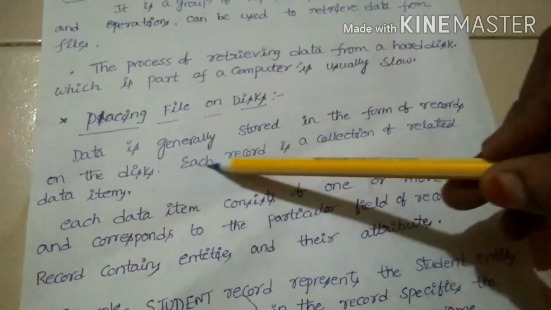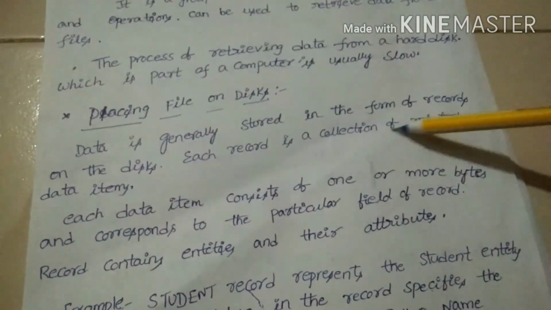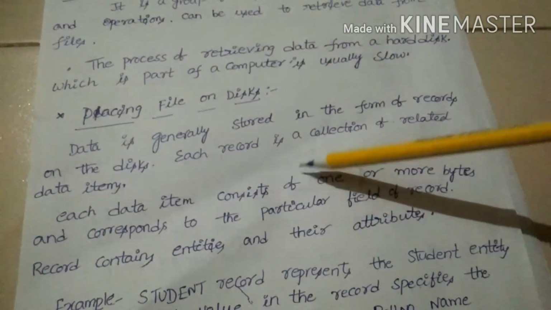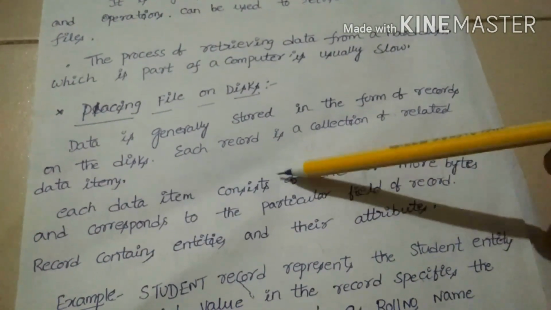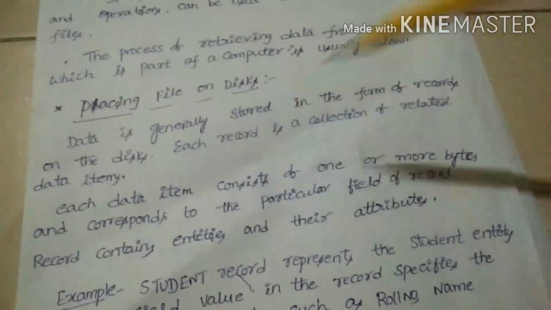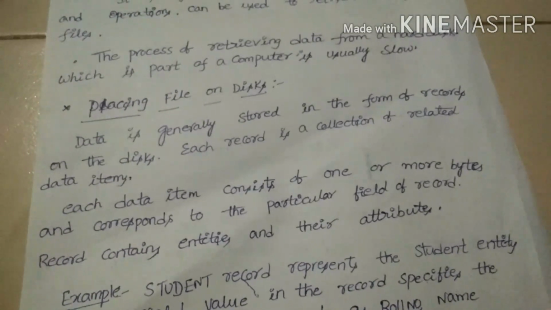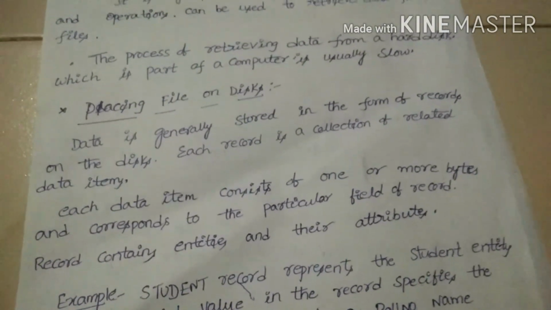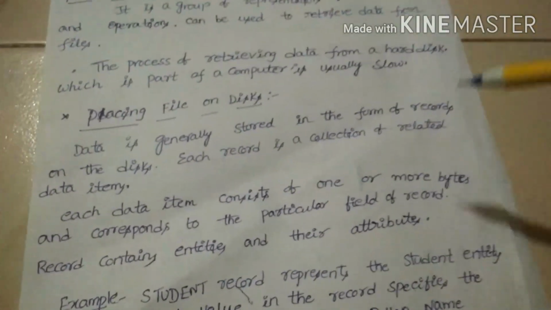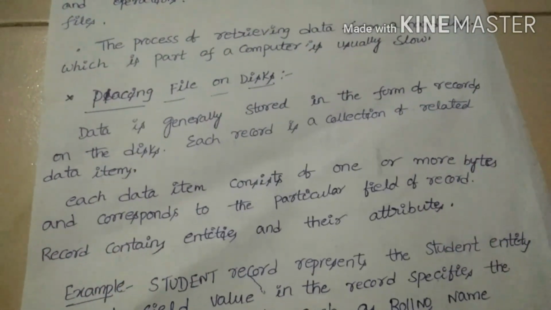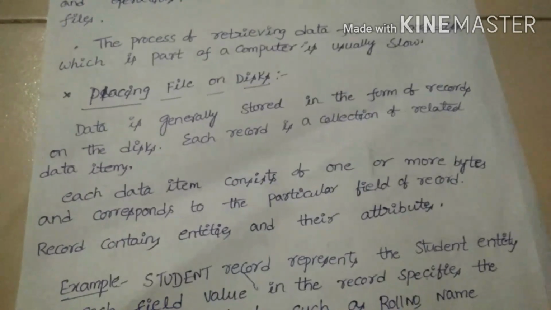Data is generally stored in the form of records on the disks. Each record is a collection of related data items. Each data item consists of one or more bytes and corresponds to some particular field of the record. A record contains the entities and their attributes.